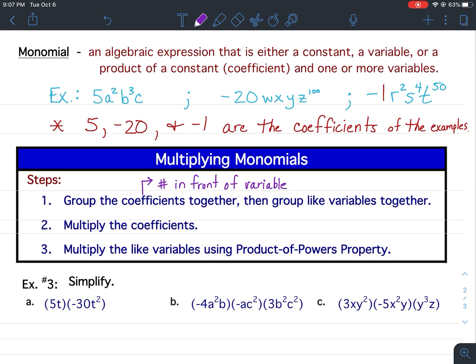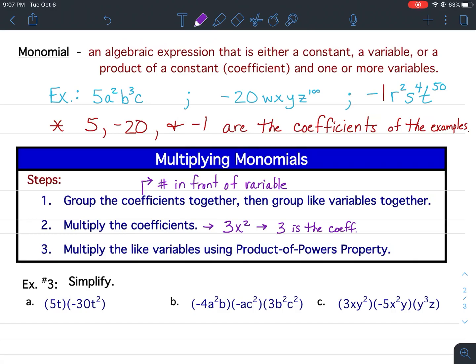Okay, step 2, after you group stuff together, step 2 is to multiply the coefficients. For example, if you had 3x to the second power, 3 is the coefficient. I'm going to abbreviate coefficient.